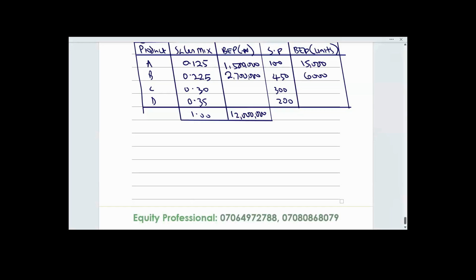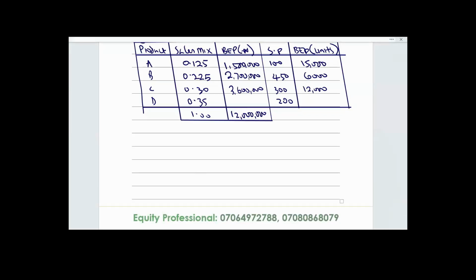Then 12 million multiplied by 0.3, 3.6 million, divided by 300, 12,000 units.